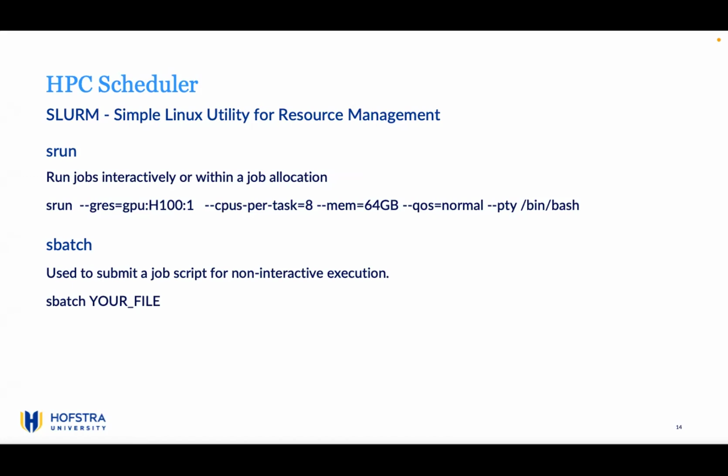You just submit your task and next day get results. For srun, you have to specify all options on the command line. With sbatch, usually we use a file where you describe all settings. I will show an example in the next slides.